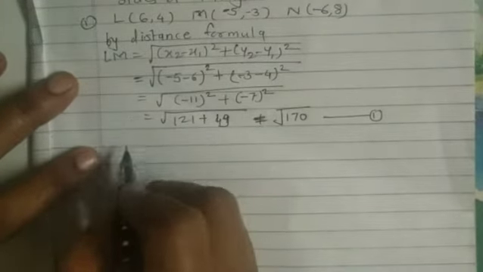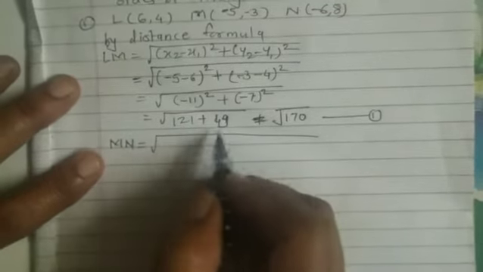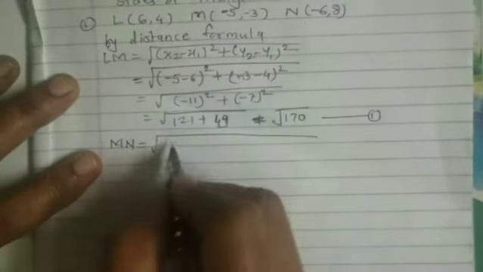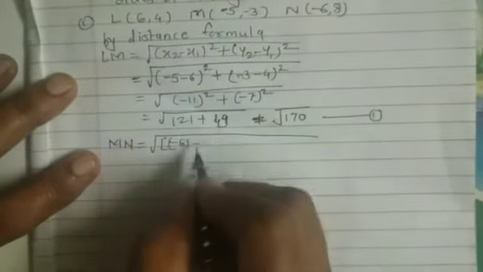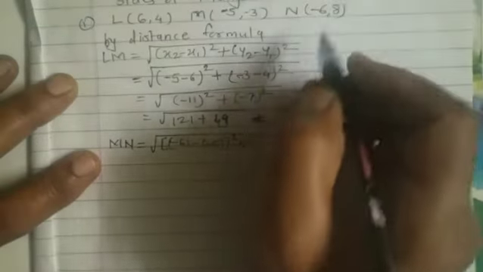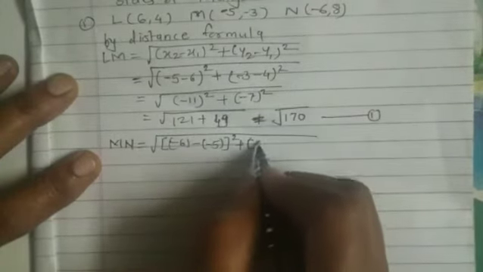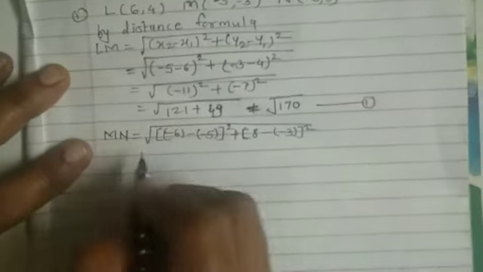Now we are finding the second side. MN is equal to, not necessary to write down the formula now. x2 is suppose -6, x1 is -5, write down in bracket, plus y2 is 8 minus y1 is -3 bracket square.